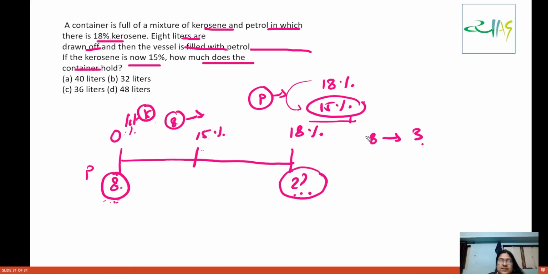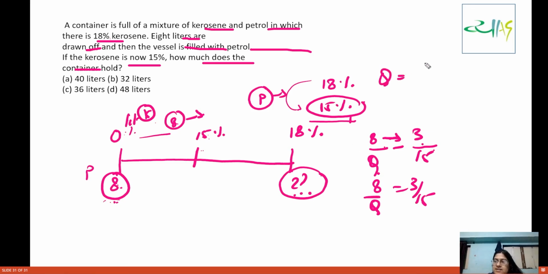So we can write 8 by this quantity, let's say q, is equal to 3 by 15. So q is equal to 15 into 8 by 3, that means 40.